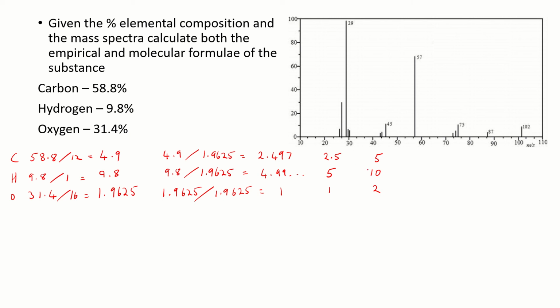So you don't always need to do this. If this came out as 2.99, for example, I could have just rounded it off to 3, and we would have been done. But if you've got these common fractions that are quite far away from a whole number, then you will need to keep the ratio but scale up to get whole numbers.